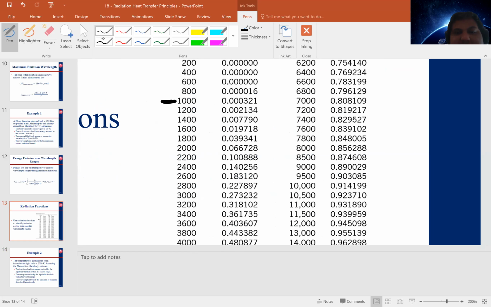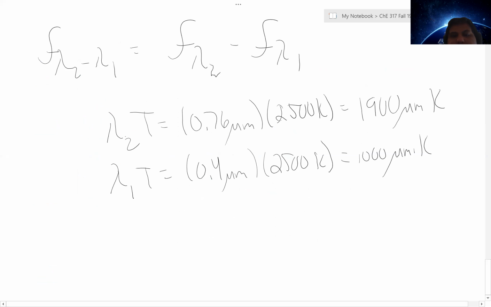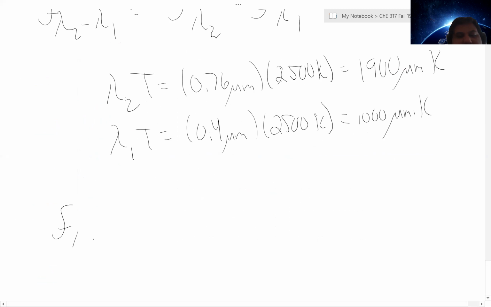So I have 1000 and 1900, so I'm going to have to interpolate between 0.0667 and 0.0393. If I do that, I get F lambda 2 equal to about 0.053035.